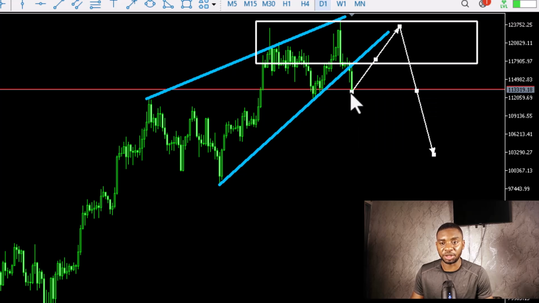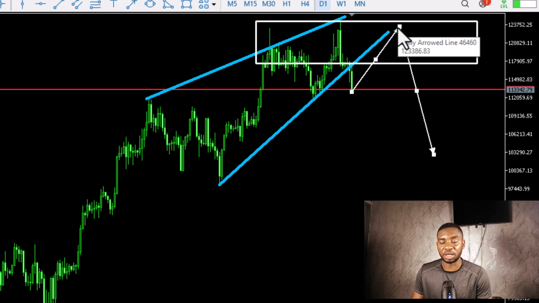Be patient, wait for price to come into this kind of zone, then you can enter. At that point, your risk will be minimal and your reward will be higher. So let's say price reverses into this box. What do we do? We sell and we take profit.